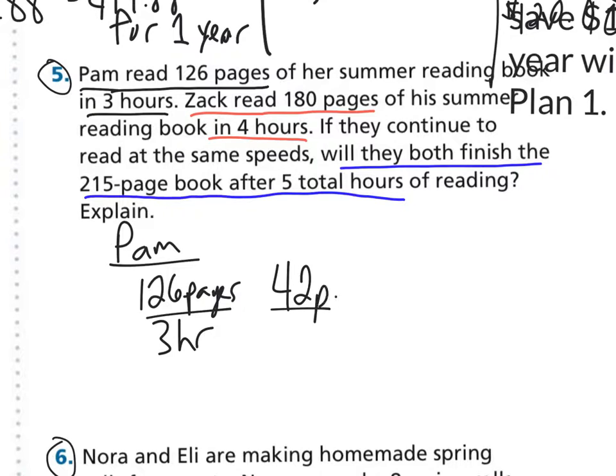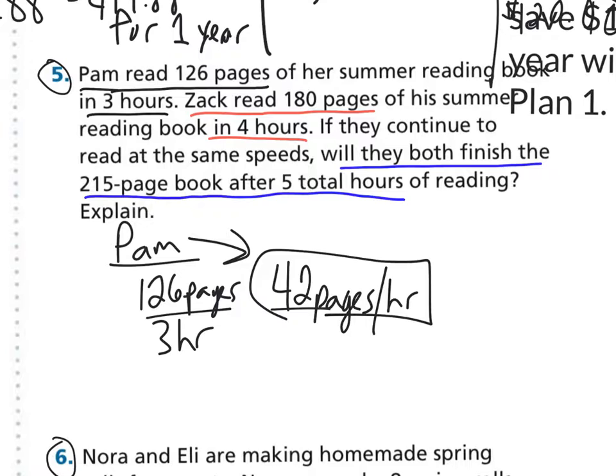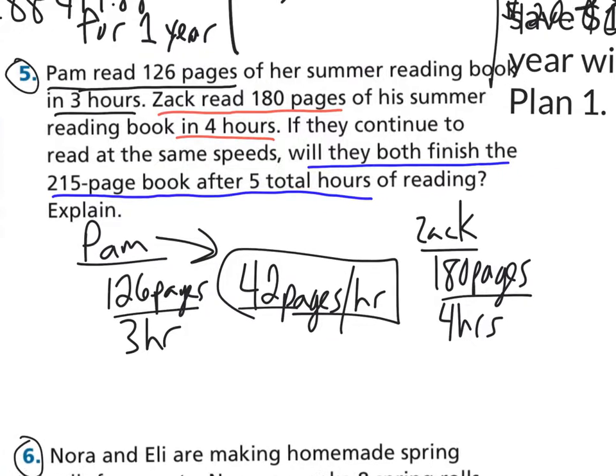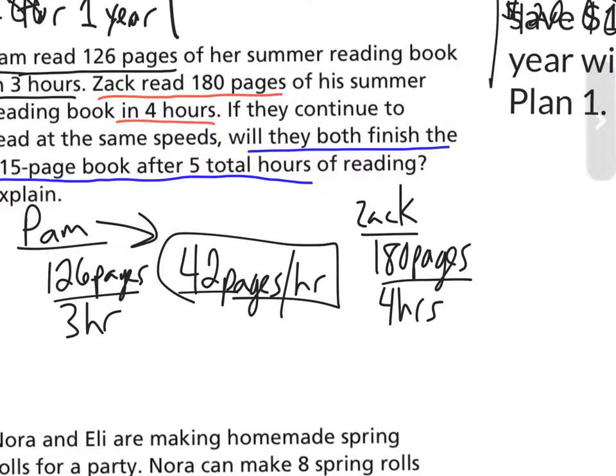So 42 pages per hour for Pam. And then we can do the same idea for Zach. And that would be 45, so 45 pages per hour.